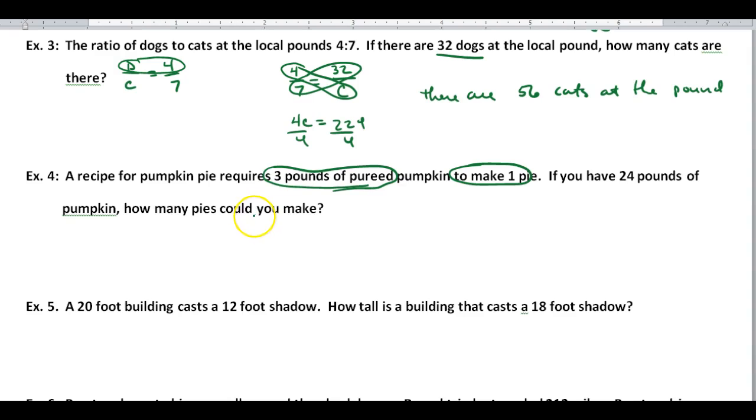Many of us can probably do this in our head, but I'd like to see the setup. 3 pounds of pumpkin to 1 pie equals 24 pounds of pumpkin to how many pies can you make. When you cross multiply, you get 3p equals 24. And the number of pies you can make is going to be 8.